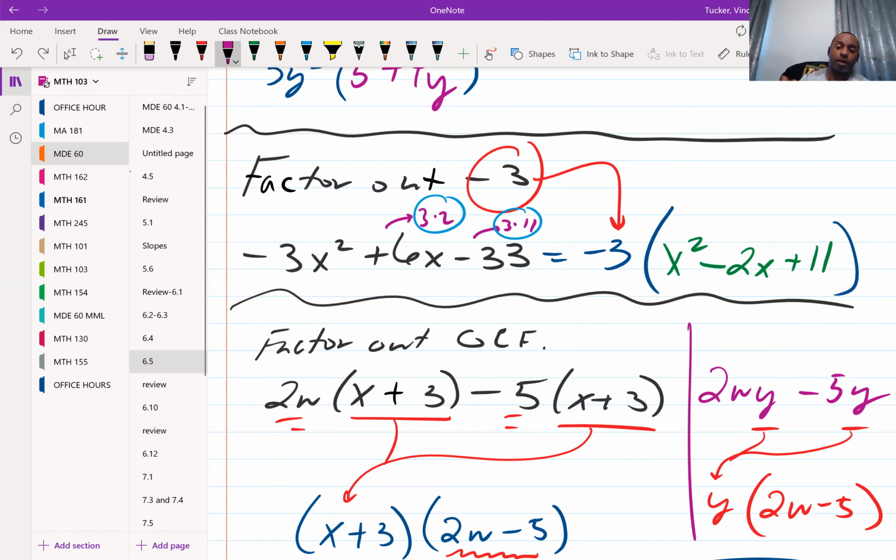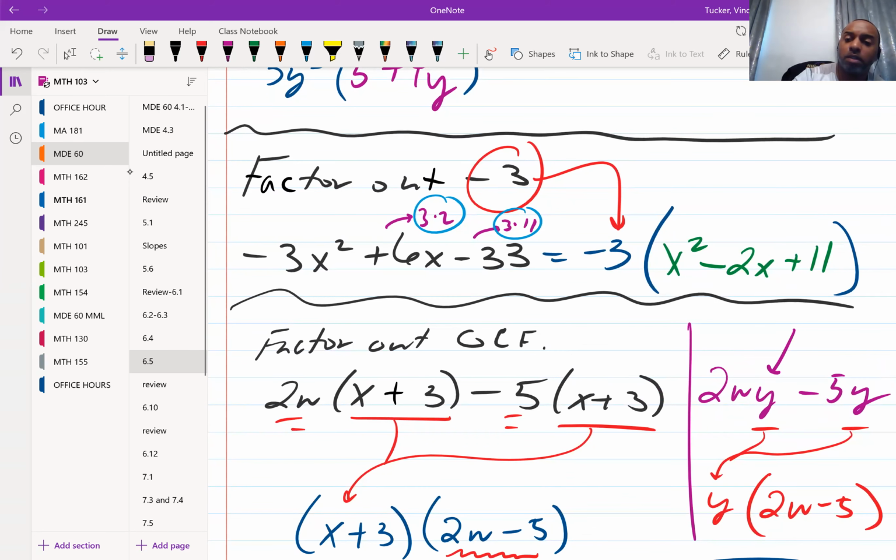This is going to set us up for the next method. So over here in the purple, I want to simulate what is happening here, so we can make sure we have the same thought process. If I have y in common with both of my terms, I pull the y out front, factor out the y, and I'm left with whatever's left, which is 2w minus 5.